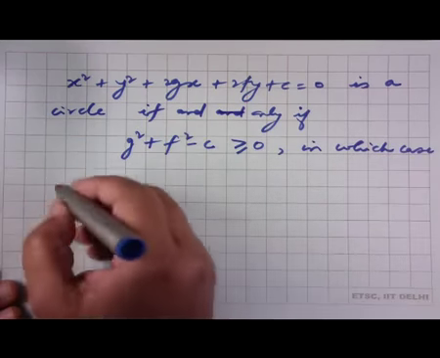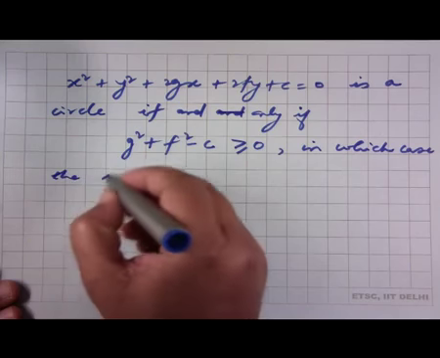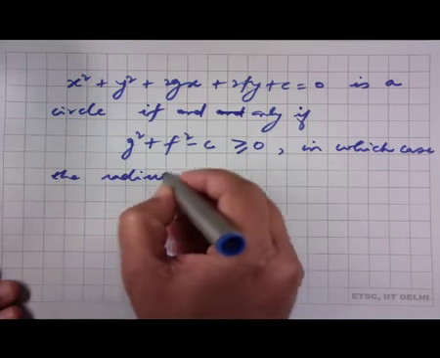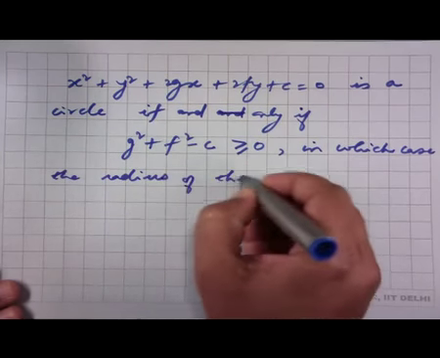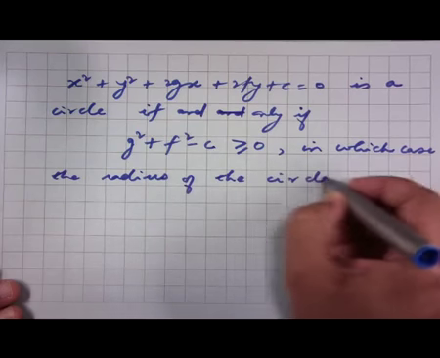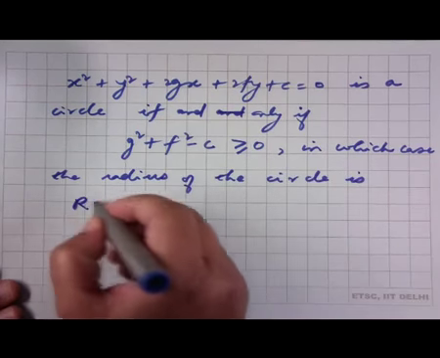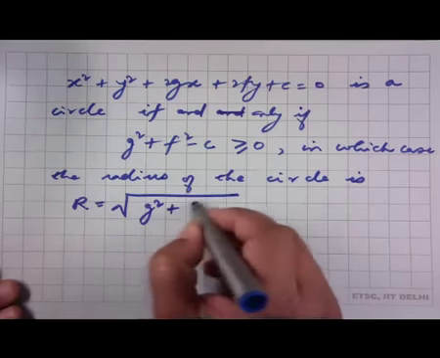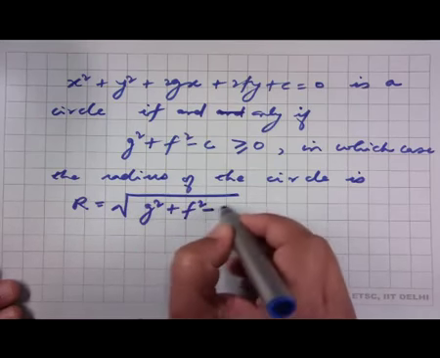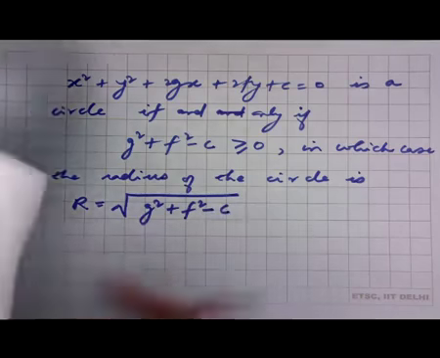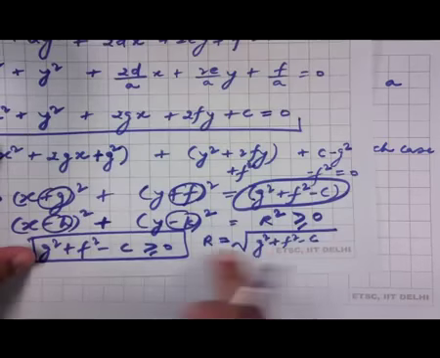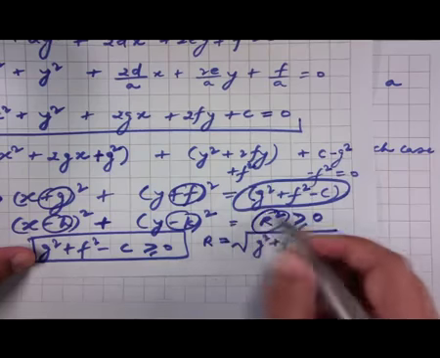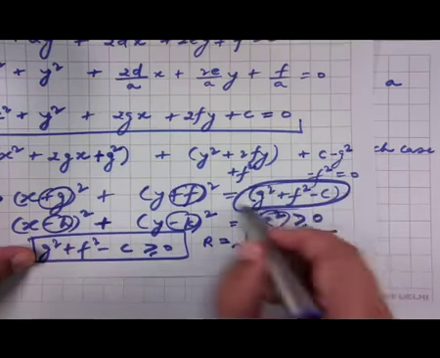In which case the radius of the circle is r equal to square root of g square plus f square minus c, that is from here, because this r square and this term have to be the same.